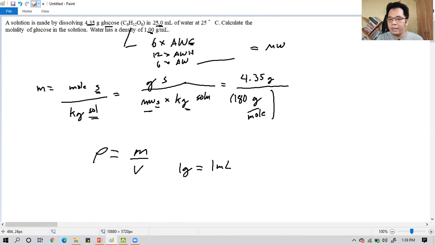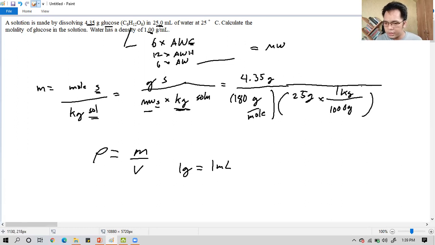So 25 mL can be converted into 25 grams. But we have to express it in kilograms, so conversion is necessary. It is 1,000 grams over 1 kilogram.